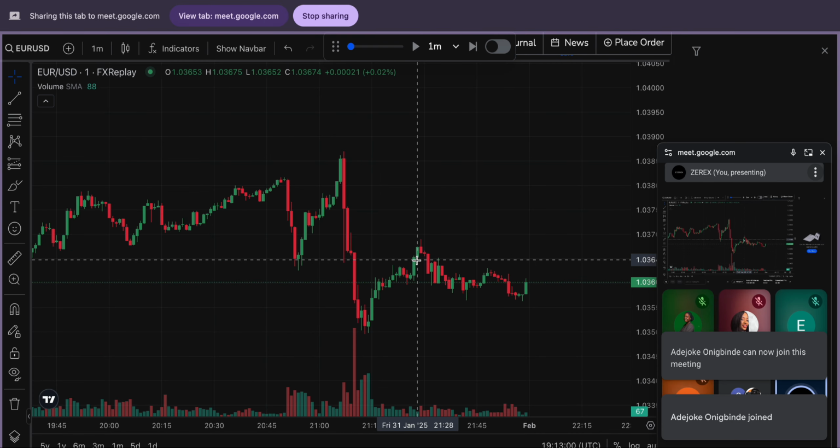Why is my highlighter having a funny color? So I'll take it back.